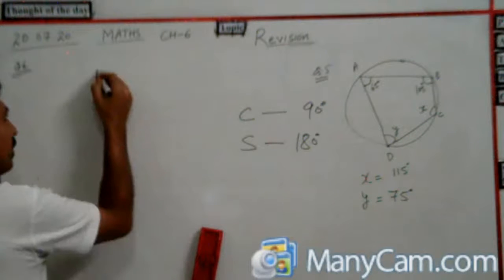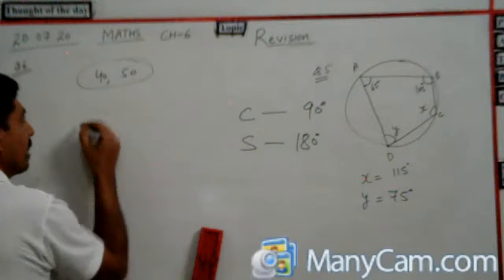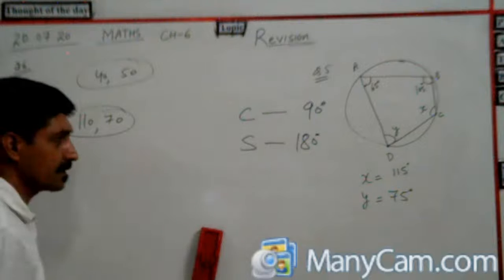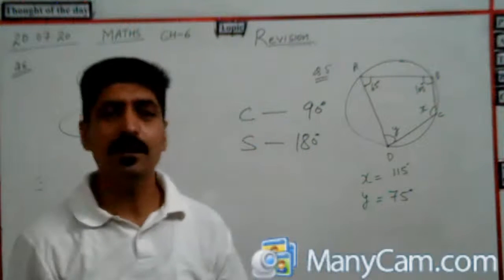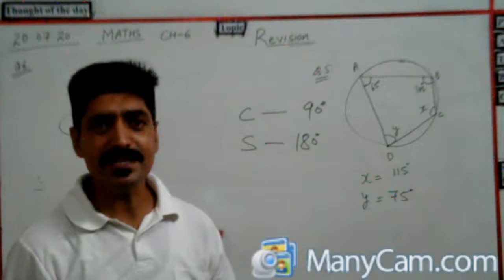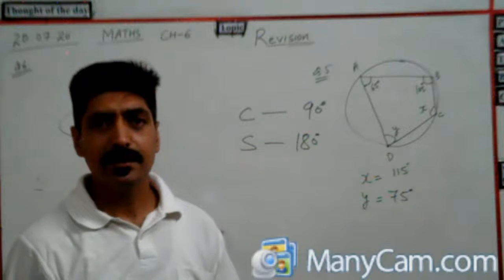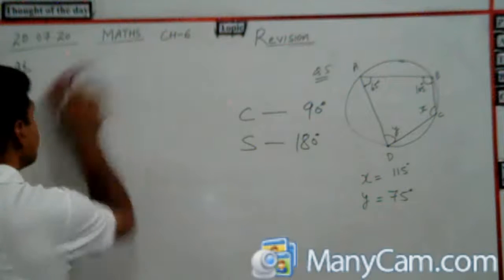For example, if one is 40, one is 50, these two angles are complementary. 110 and 70, these are supplementary angles. So here in a cyclic quadrilateral, the sum of the opposite angles is always 180 degrees, right?